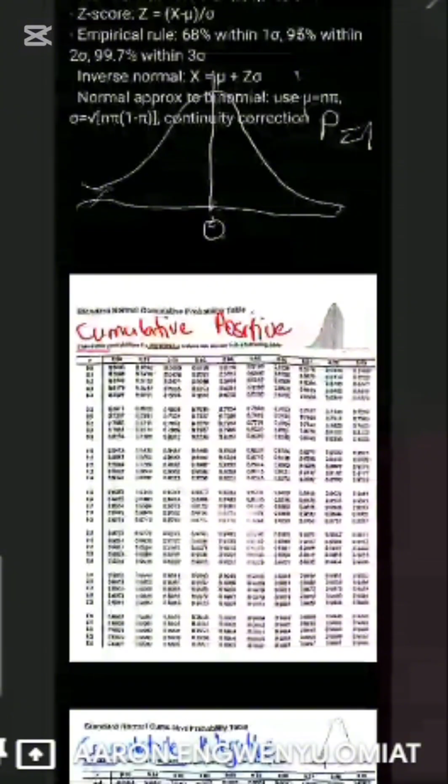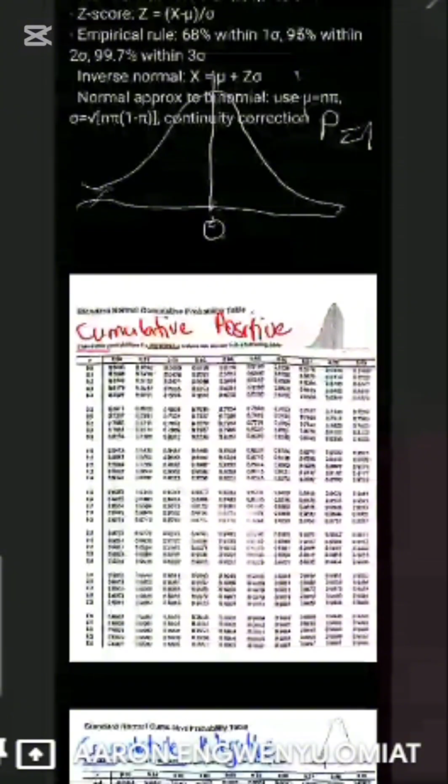So this is the Z value. You read it as 0.1, then you add 0.01, 0.02, 0.03, 0.04. Let's say 1.30, 1.31, 1.32, like that. That is how the information is read.